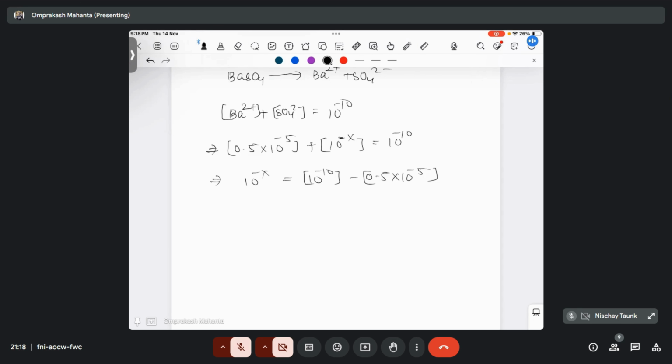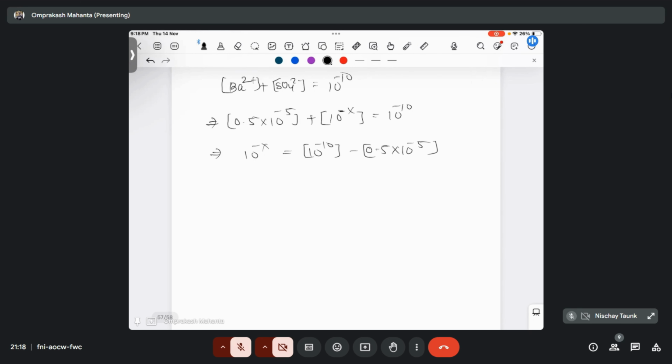If I take logarithm on both sides, it will become log of 10 to the power minus 6 equal to log of 10 to the power minus 10 divided by 0.5 into 10 to the power minus 5, right?